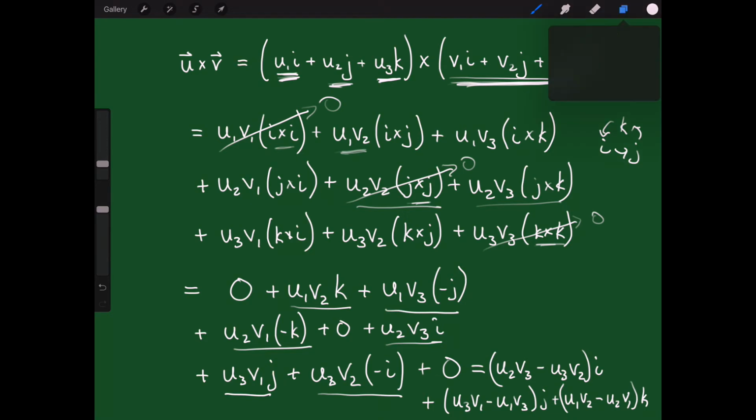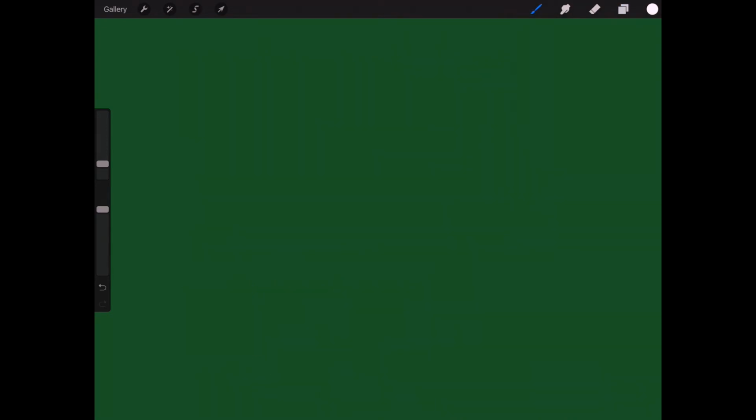Okay, all of that is just to show what you would get. But what's really nice about this actually is the same as a determinant. Now, it's the same as the determinant of a specific matrix that contains I, J, K, U1, U2, U3, and V1, V2, V3.